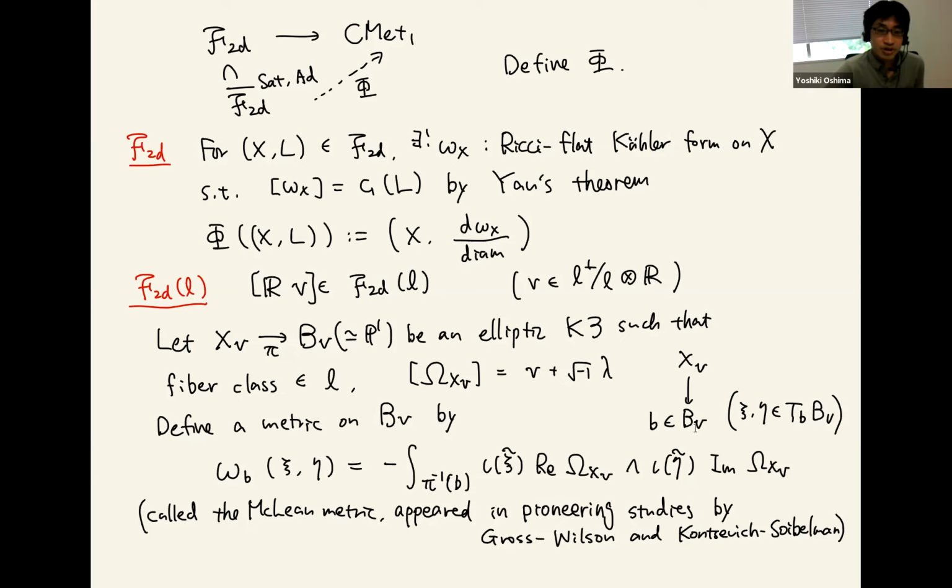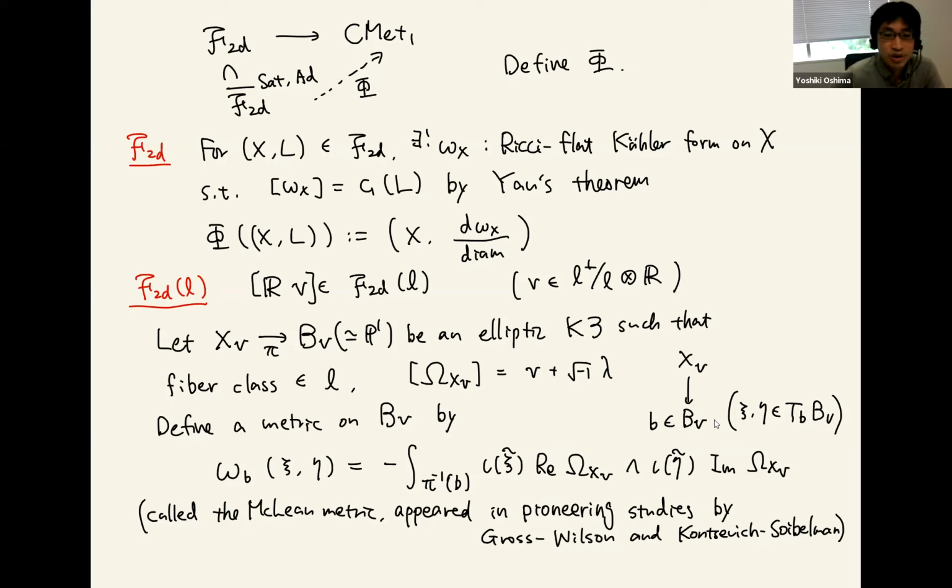And then we can define a metric on this base space by this formula. For a tangent vector to the base space, we can define some metric by integration over fibers. Such a metric is called the McLean metric. This appeared in the pioneering studies by Gross, Wilson, and Kontsevich-Soibelman in connection with mirror symmetry, the SYZ conjecture and the Gross-Siebert program.